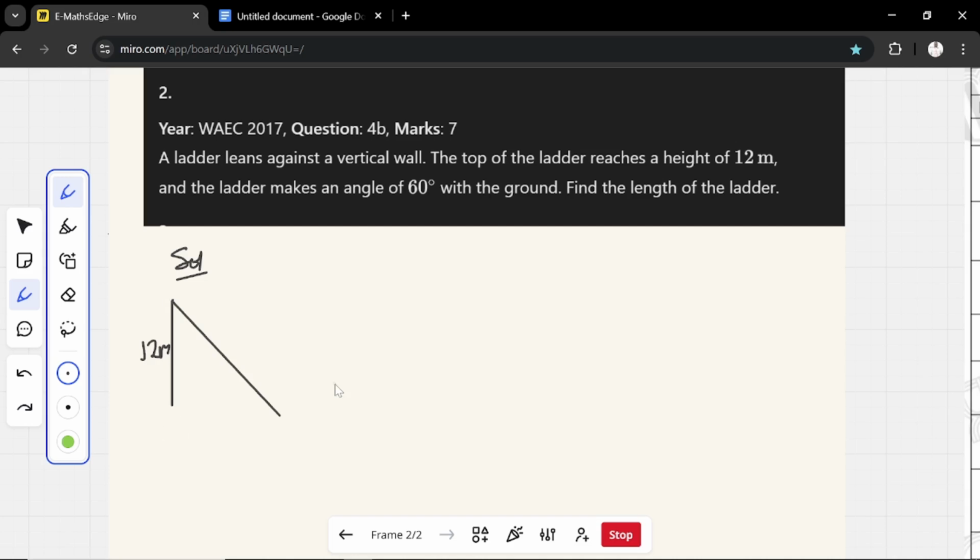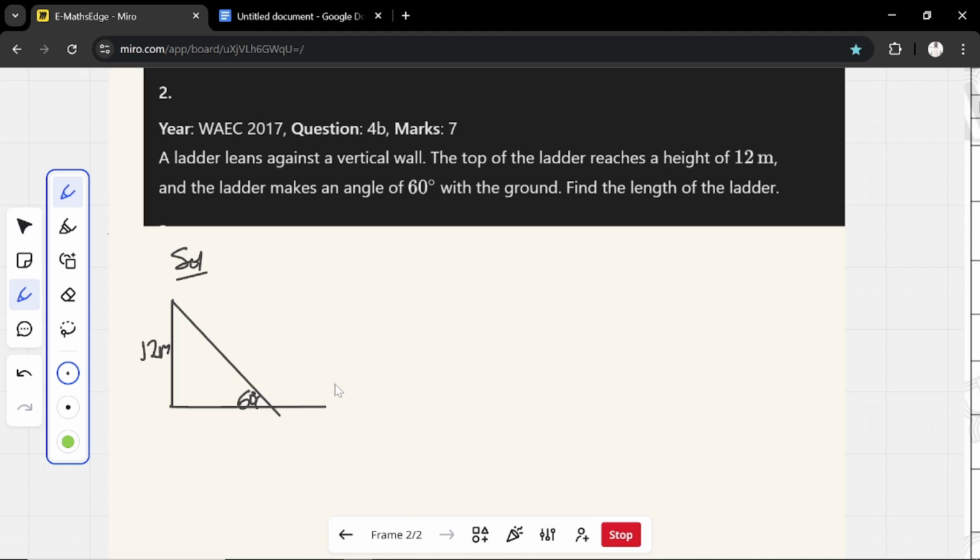Let's proceed. And the ladder makes an angle of 60 degrees with the ground. That's to say we have a horizontal line which stands as the ground, and the ladder makes an angle of 60 degrees with it. So this point where the ladder makes an angle with the horizontal line, which is the ground, is 60 degrees.